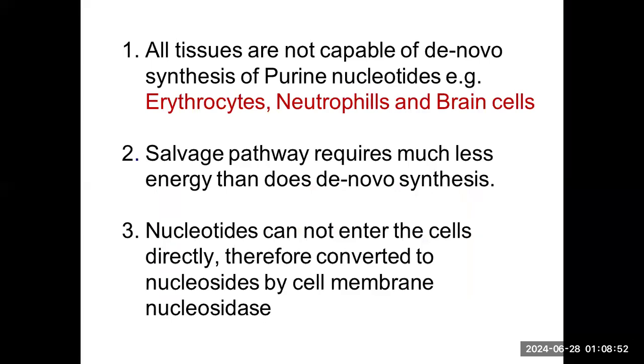Not all tissues are capable of de novo synthesis of purine nucleotides. For example, erythrocytes, neutrophils, and brain cells cannot synthesize them. If we compare the salvage pathway with the de novo pathway of purine synthesis, you'll see that the salvage pathway requires much less energy than the de novo synthesis. Nucleotides, because they are charged molecules, cannot enter the cells directly.